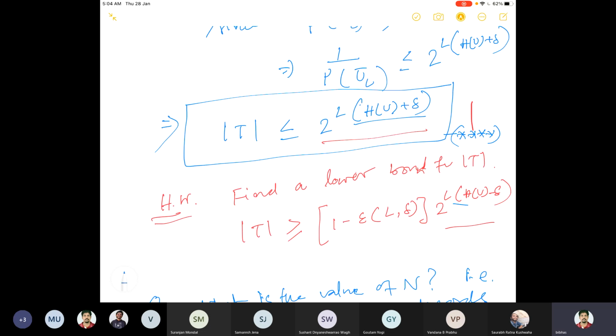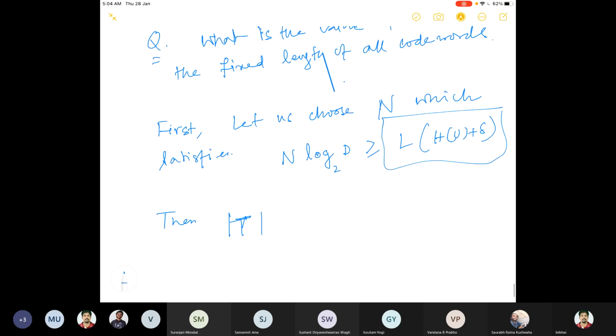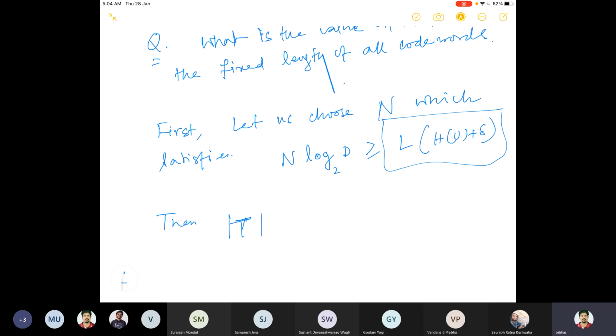So if this is the case, here you can assume that log is log base 2, and D to the power n should be bigger equal to 2 to the power L(H(U) plus delta), right?